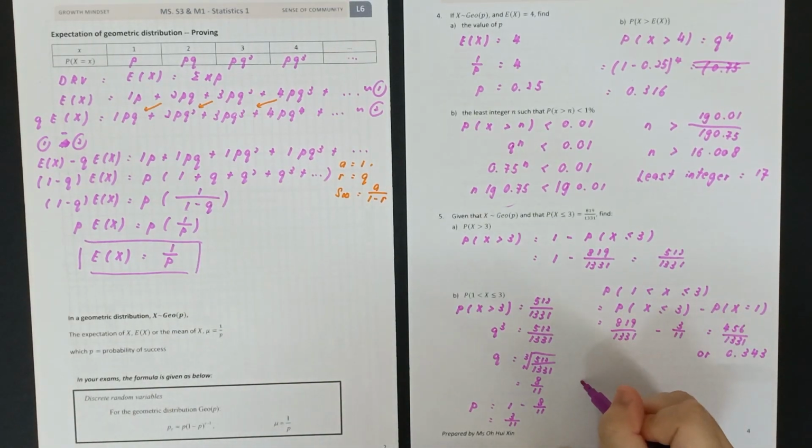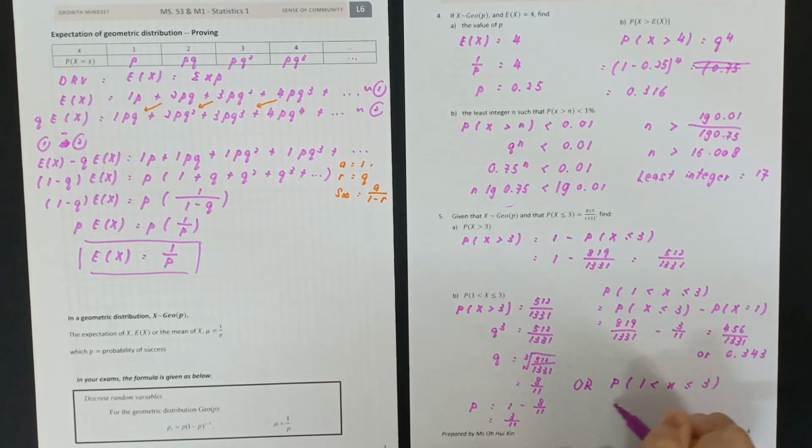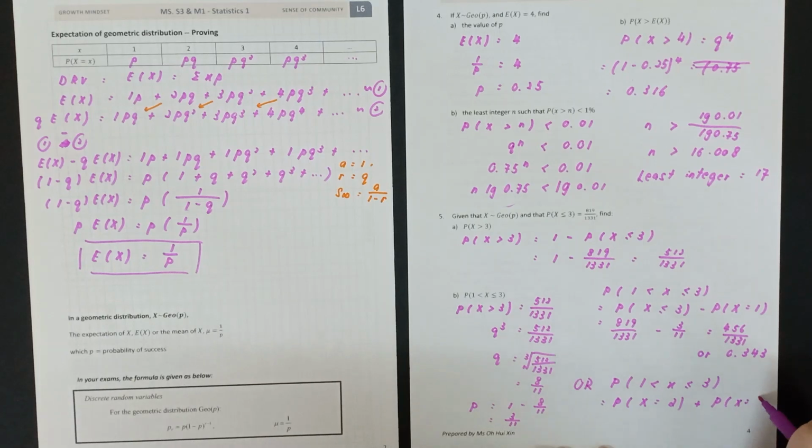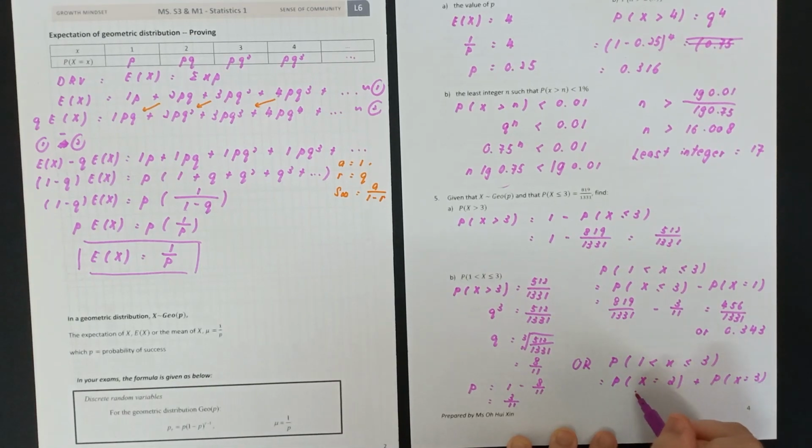Or if you don't want to use that, then what you can try to do is P(X smaller or equal to 3) will be equal to P(X=2) plus P(X=3). So when you expand it, you should be able to get the same value as well. Please try to work it out yourself.